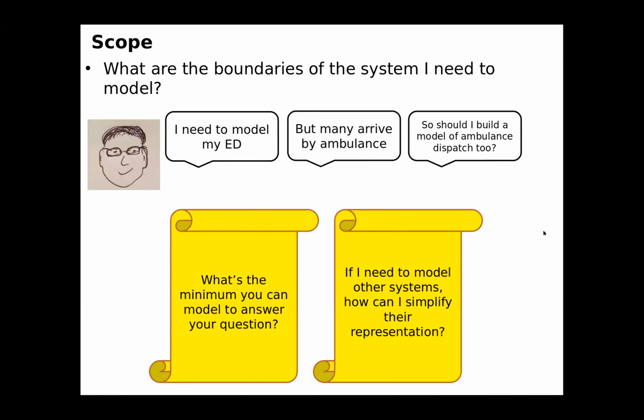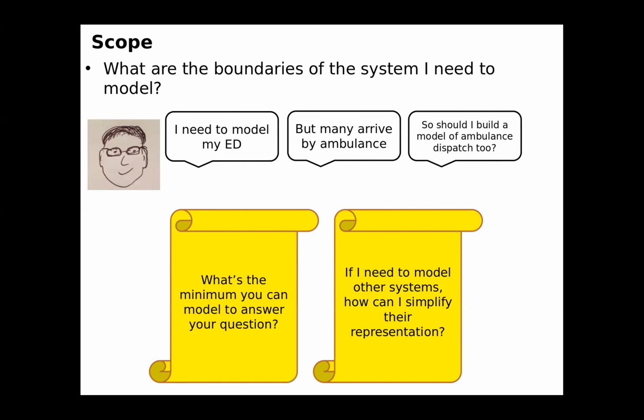Another really important consideration when you're trying to design a conceptual model is to think about the scope. It's a really common mistake when you're new to model building to think that you have to model everything. In fact, usually the opposite is true, because the more you model, the more wrong you are.